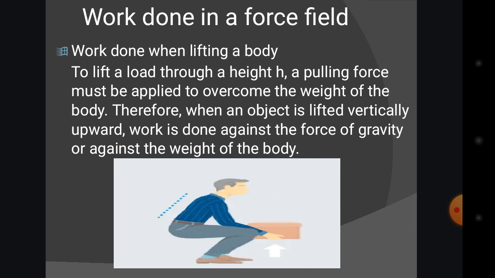Therefore, when an object is lifted vertically upward, the work is done against the force of gravity, or against the weight of the body. If you do that kind of work, it means you go against the force of gravity.